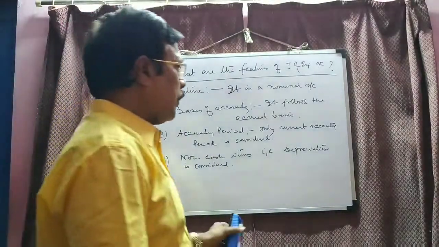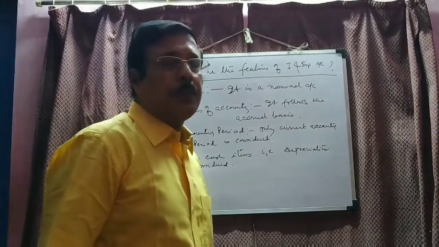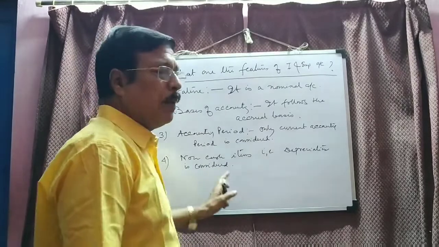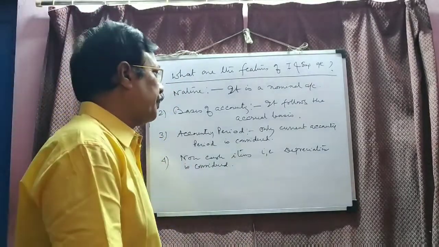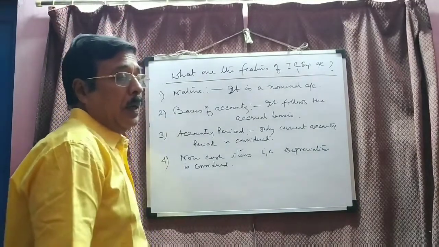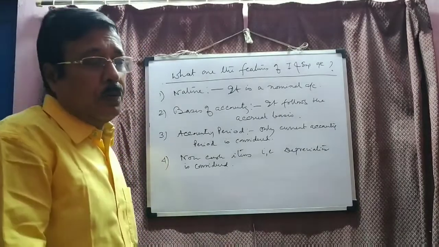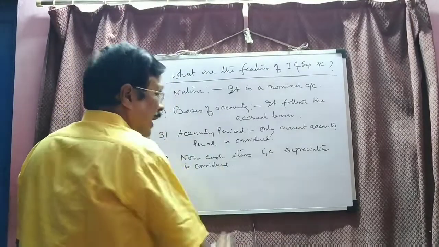In case of receipts and payments, you have seen that non-cash items are not considered. But here, depreciation is a non-cash item. What do you mean by non-cash item? Non-cash item means the items where accounts are debited, but there is no outflow of cash. That is called non-cash item.